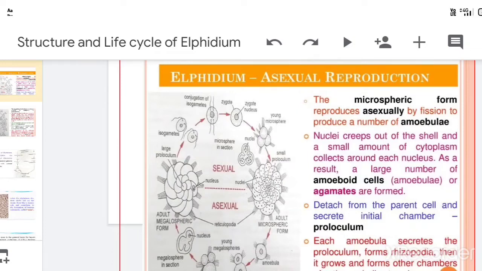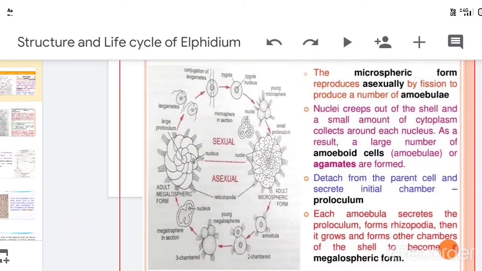The cytoplasm surrounds the nuclei and forms a large number of amoebulae. These are agametes that are not similar in size and structure, and then they get detached from the parent cell and form the initial chamber called the proloculum, and then form the other chambers in order to form the megalospheric form.